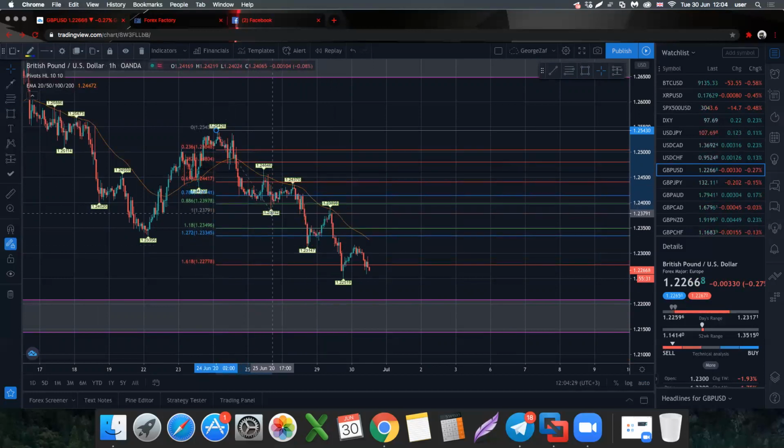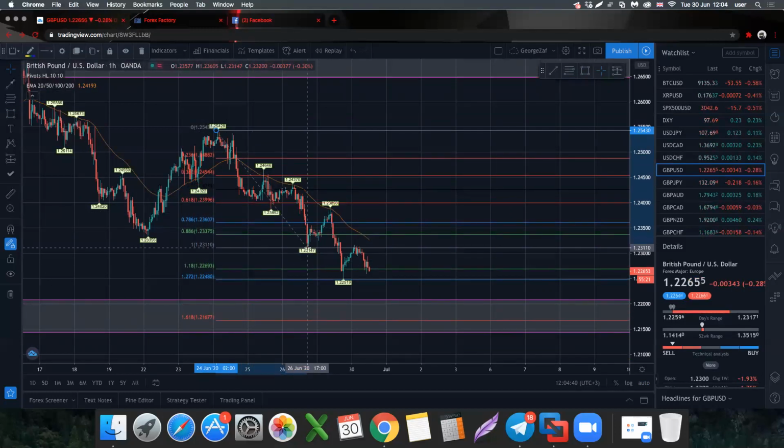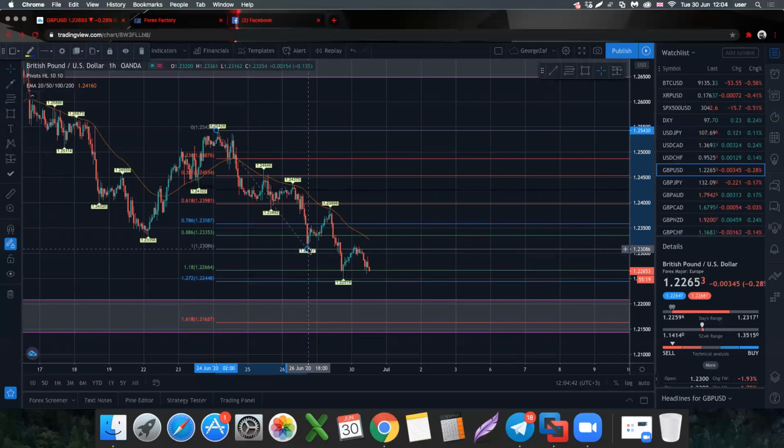Then lower, hit again the 61, went even lower to 161.8. 100%, pulls back to 61.8. It's also the EMA and goes down, pulls back, and it will come over here.